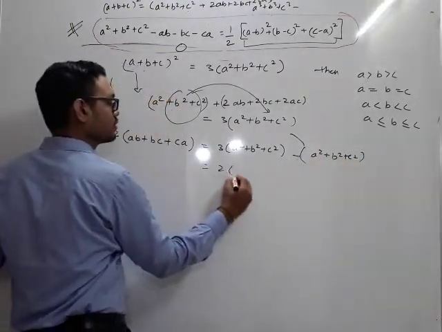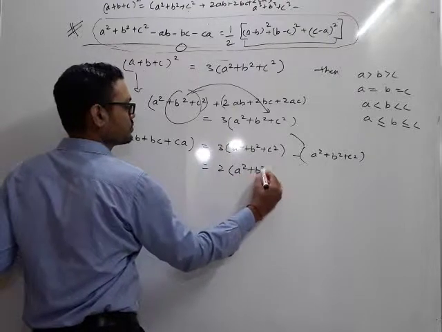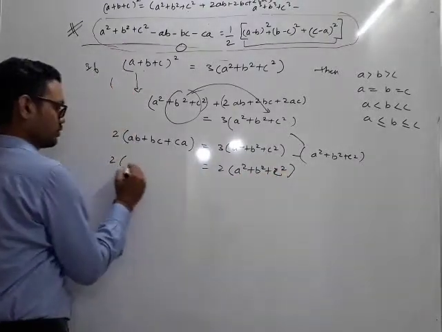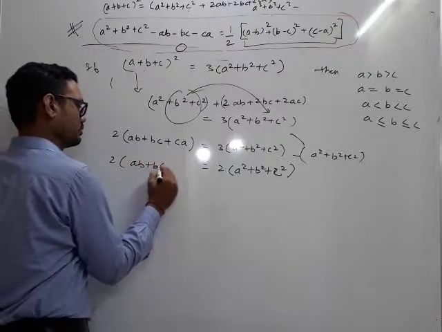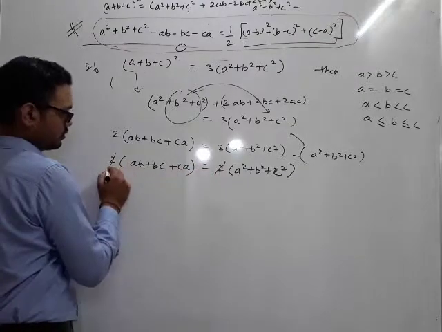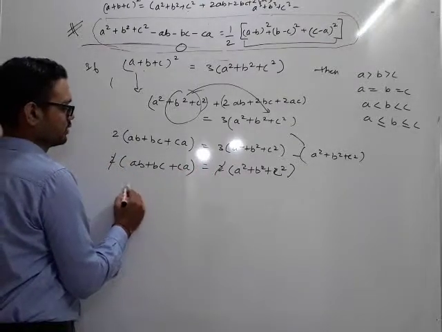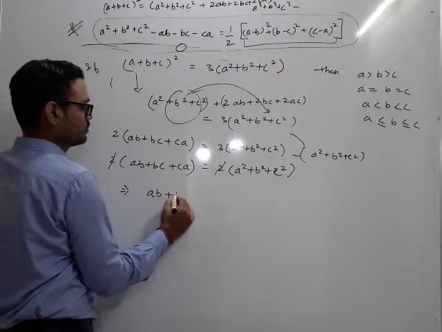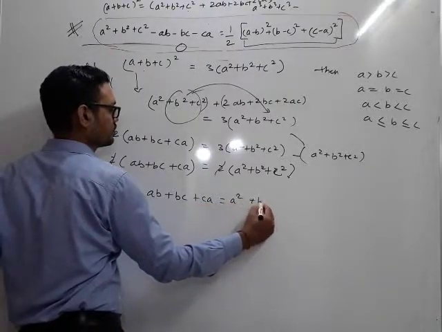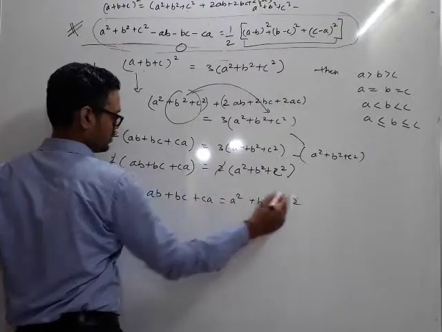It's nothing else but twice of A square plus B square plus C square. This is twice of AB plus BC plus CA. 2 and 2 are cancelled. It implies AB plus BC plus CA is equal to A square plus B square plus C square.